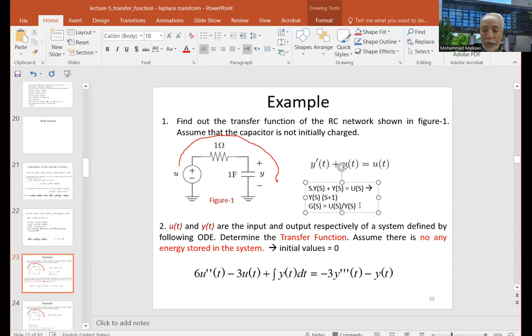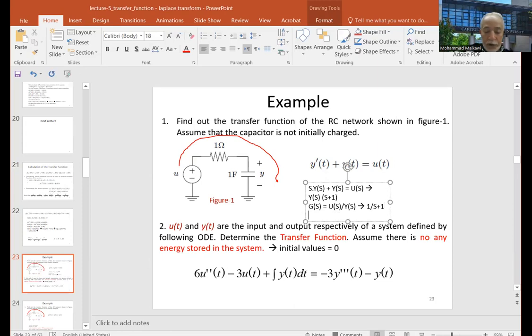So now, if I do the ratio, it is equal to 1 divided by s plus 1.